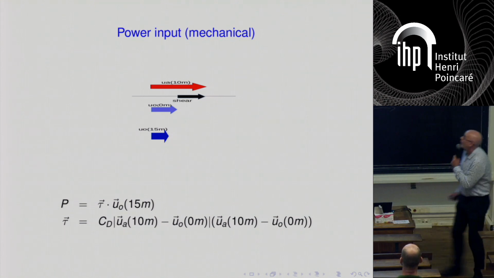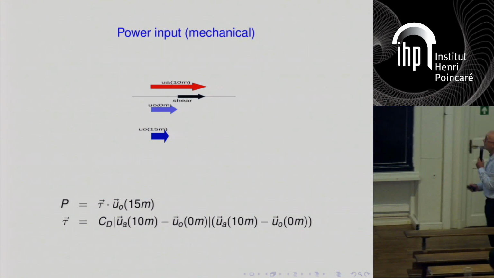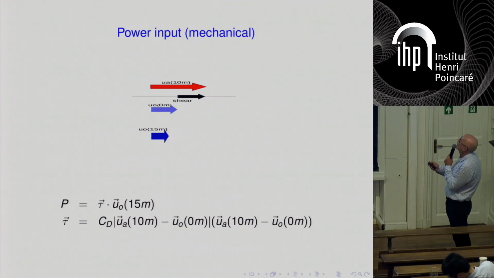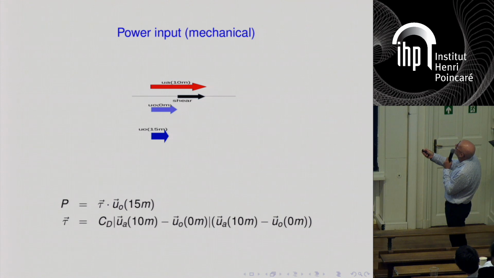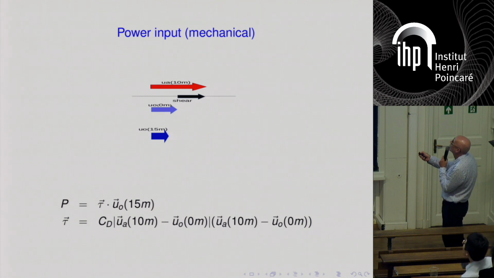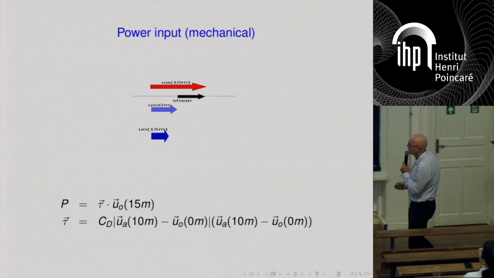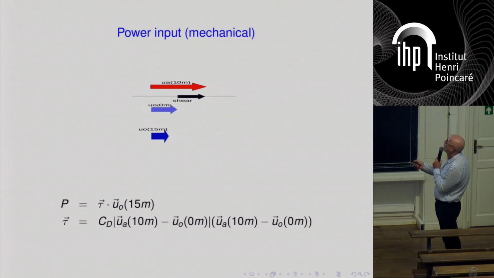Okay, good. So what I actually did, I took the data I had at my disposition: data from the wind at 10 meters height observed over the entire ocean, the ocean current at the surface or near the surface, and also the ocean current at 15 meters depth. I was interested in the power input in the mixed layer, at around 15 meters depth.